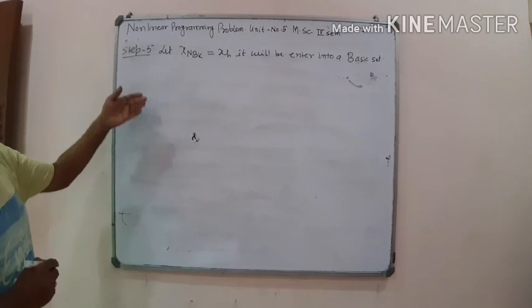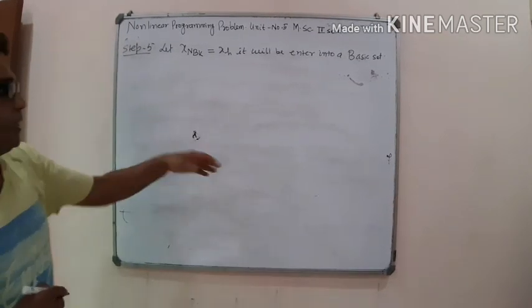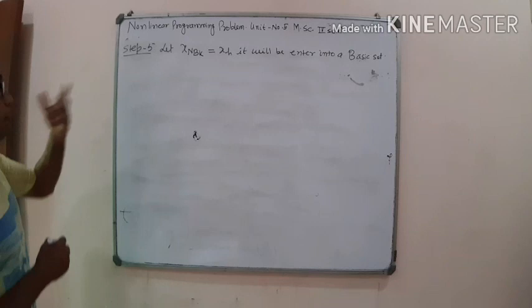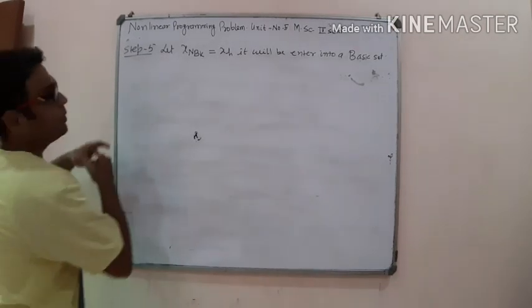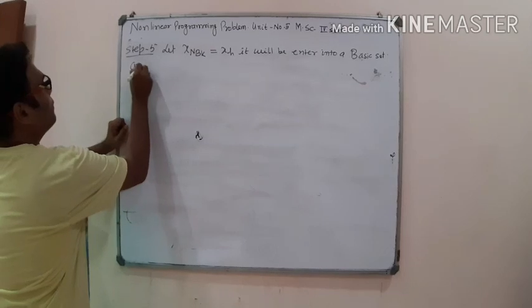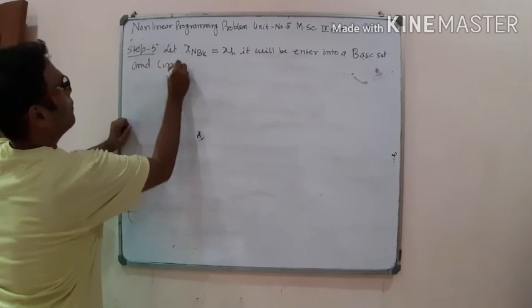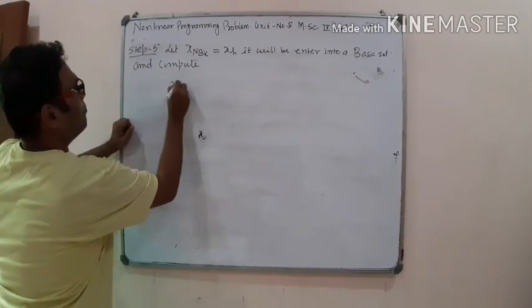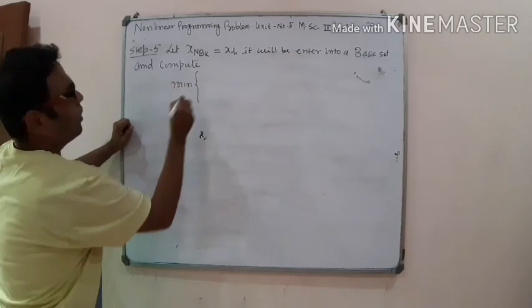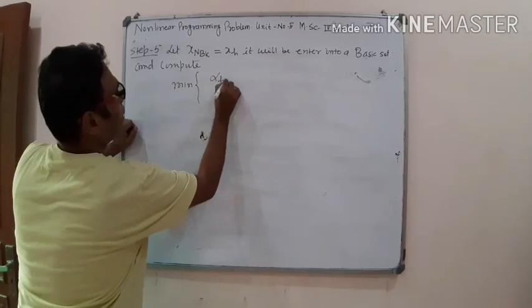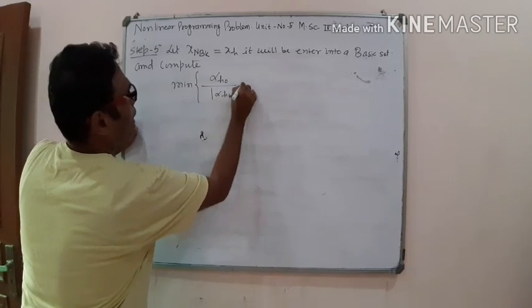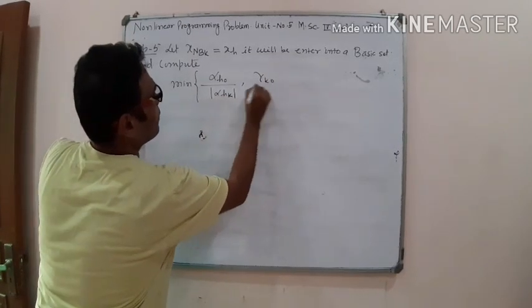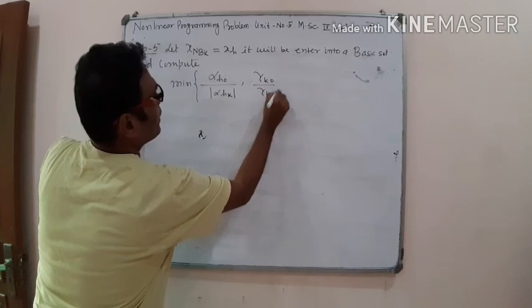In the previous step, case number 2 implies that the partial derivative is greater than 0 for xNB k, and we compute the minimum ratio: the minimum of x alpha h0 upon the modulus of l alpha h, and gamma k0 upon gamma kk.